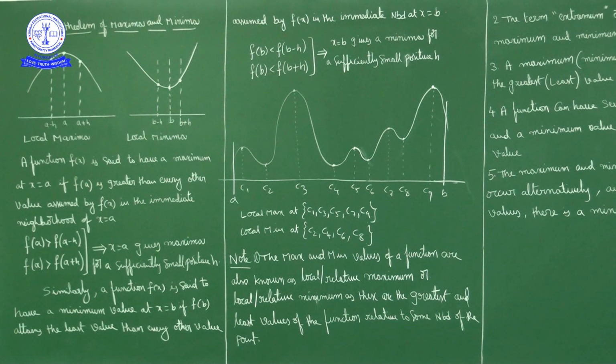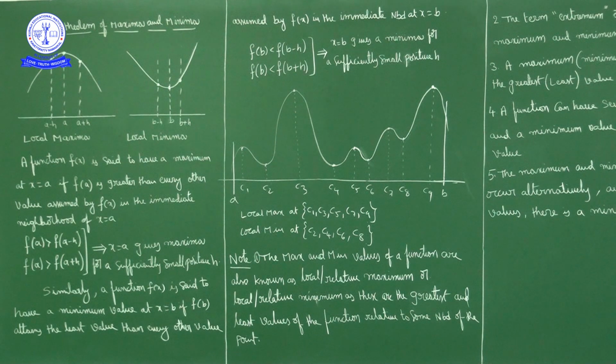Now the function f of x is said to have a maximum at x is equal to a if f of a is greater than every other value assumed by f of x in the immediate neighborhood of x is equal to a. That is, f of a has the greatest value in the immediate neighborhood of a.